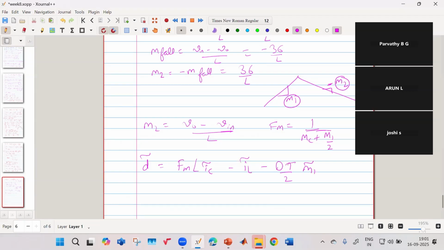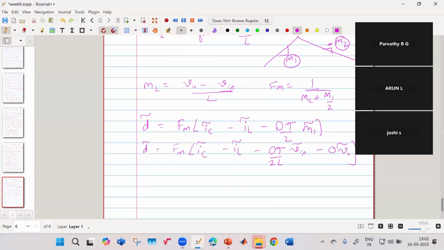So in a boost converter, as you all have told, M1 is equal to Vn by L. So we just have to replace it over here. We get our d perturb is equal to Fm into Ic perturb minus Il perturb minus dt upon 2L into Vn perturb minus 0 into V output perturb. So the perturbation of output voltage does not affect in this modeling technique.